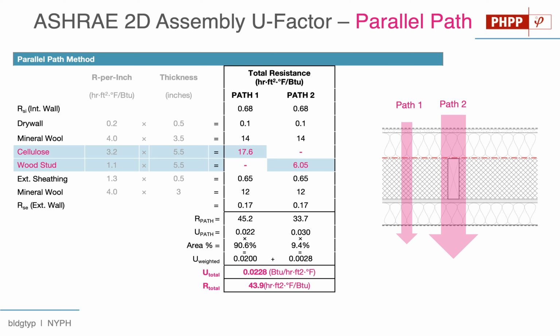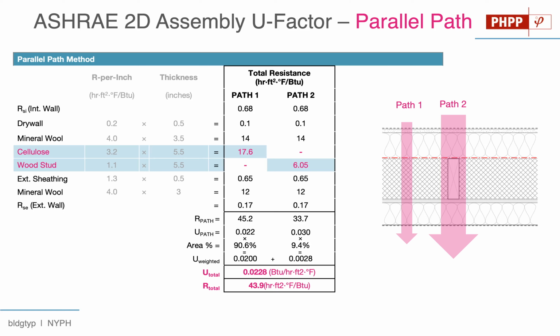In this case, pathway 1 makes up 90.6% of the assembly. Pathway 2 makes up 9.4% of the total. How did you get those numbers? How do we calculate those numbers? Well, there's nothing very magic about it. You just calculate the spacing of the studs and the width of the studs, and you figure out how much of the total assembly surface is made of pathway 2 and how much is made of pathway 1.